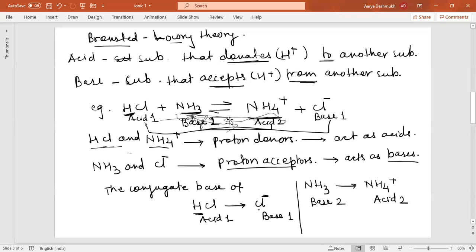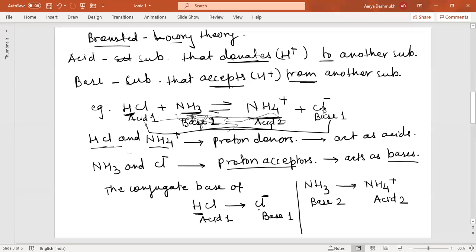Don't get confused here. Always remember HCl and NH4 plus, these two are proton donors, meaning both of them will act as an acid. And NH3 and Cl minus are proton acceptors and they will act like a base. Look at the right hand side, this is your Cl minus.